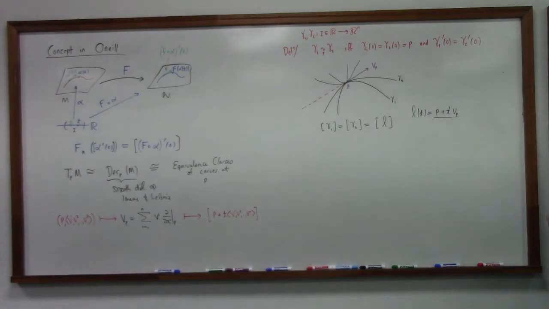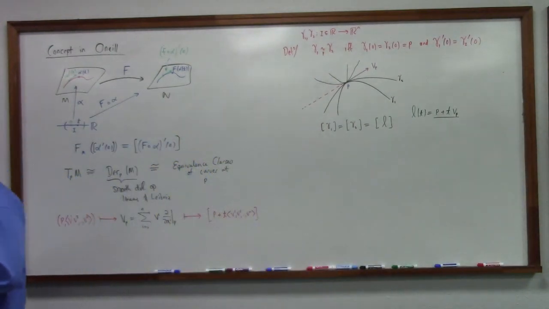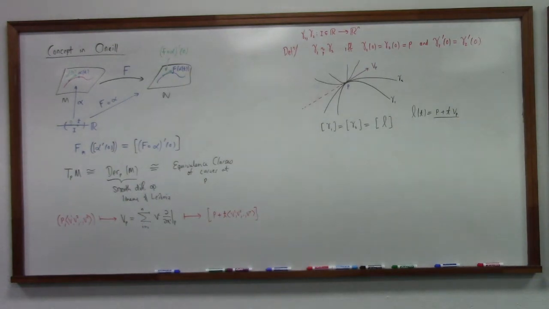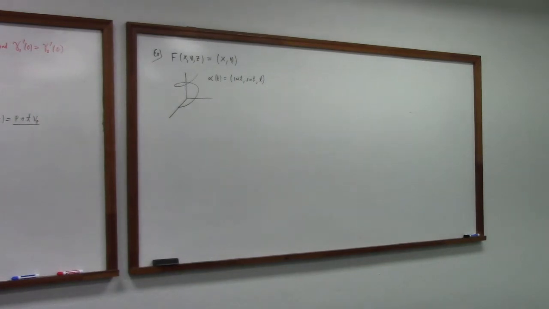One thing, we could take the helix, right? Alpha of t equal to, what is it? Cos t, sine t, t. So I'm taking the unit helix, right? And we could try to map that under the mapping f and see where it goes. Where do you think it's going to go?